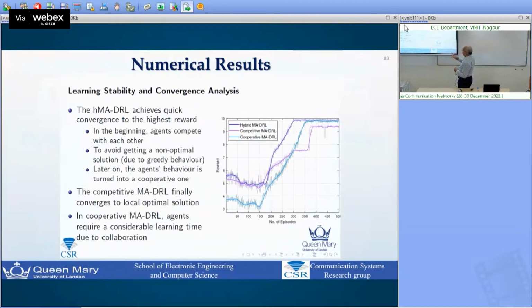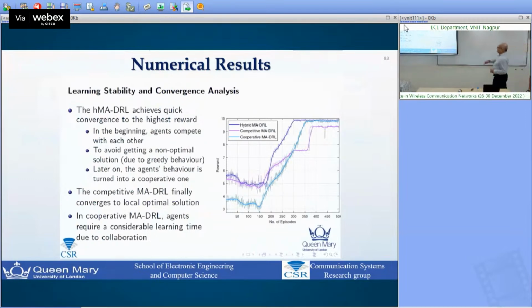But the cooperative one takes a long time to converge, because, as I said earlier, if two devices fail, they won't get a reward. So it will take a long time to converge.